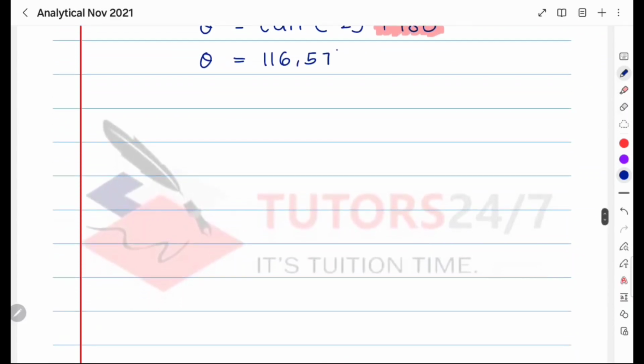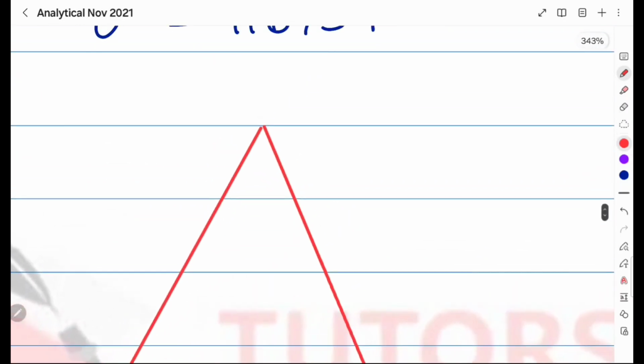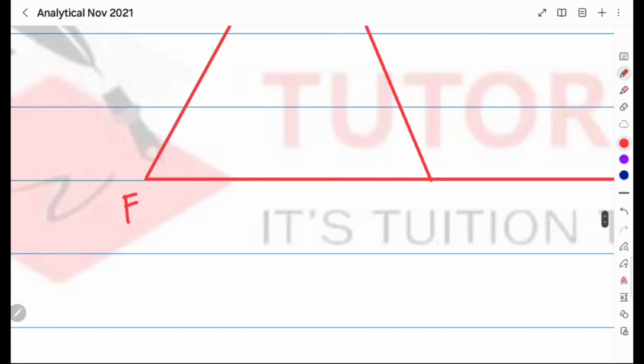Now, I'm going to draw a quick sketch. So, this top point here, this is A, which has coordinates -2 and 10. This is F. The angle at F is 81.87.